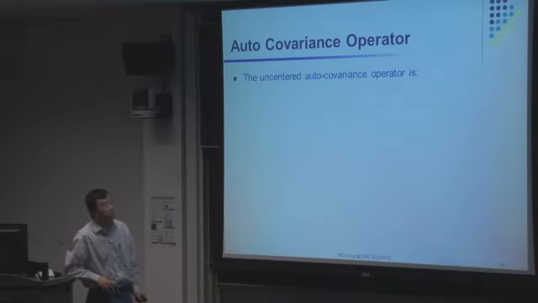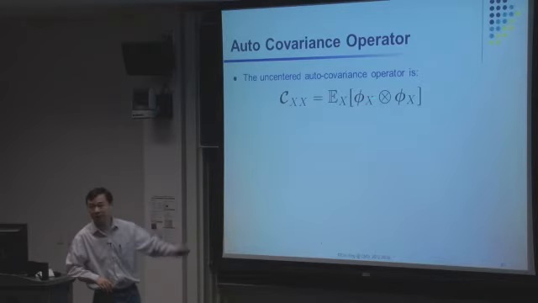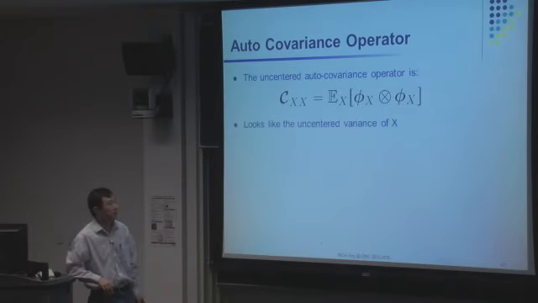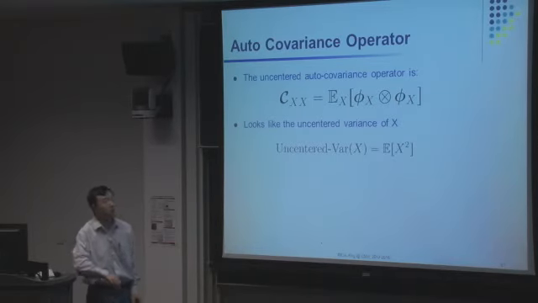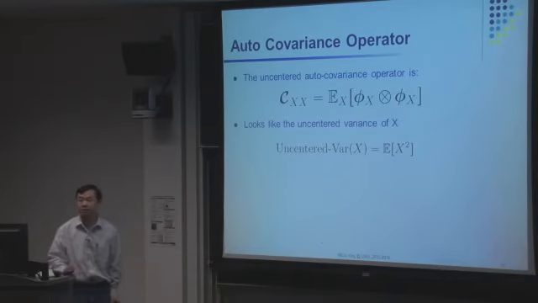And just for some technicality, I want to also talk briefly about something called the autocovariance, which is the outer product of 2 feature functions themselves. Okay, and what is the utility of that? The utility of that is to generate this operator called the autocovariance operator for you to define the so-called conditional distributions.